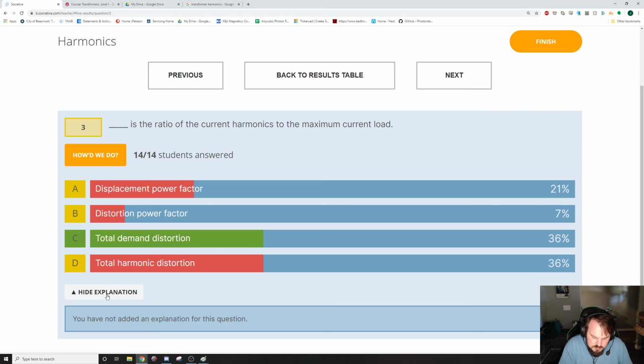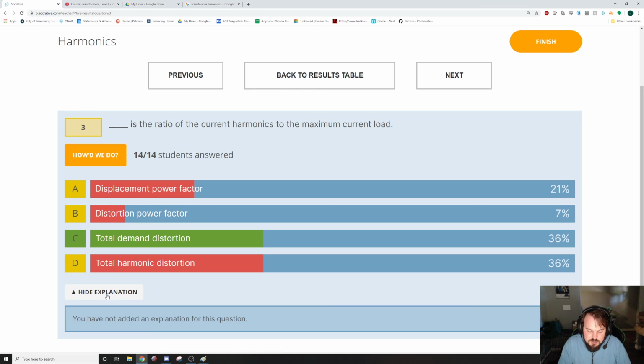The total demand distortion is different from the total harmonic distortion. I'm looking at page 103 for this information. The total harmonic distortion is taken from the power, like the feeds, and total demand distortion is taken basically at the load.